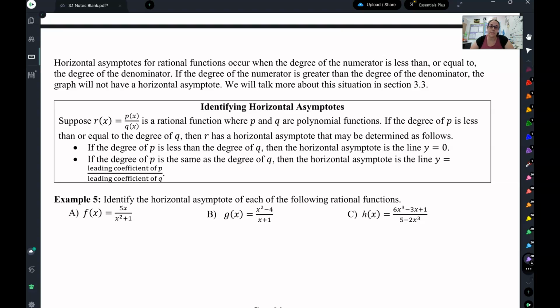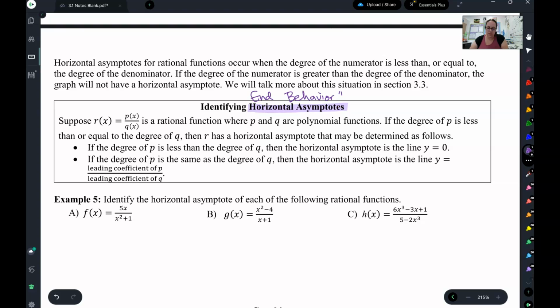Last rule that we need to memorize for today's lesson. This rule is called the horizontal asymptotes rule. It is also called the end behavior rules. Now, I personally will always call it end behavior because horizontal asymptotes, they're called asymptotes, but you can actually cross them.